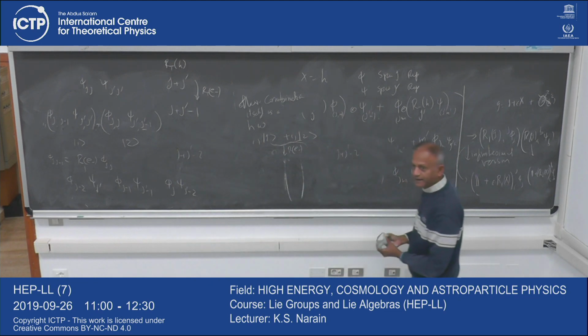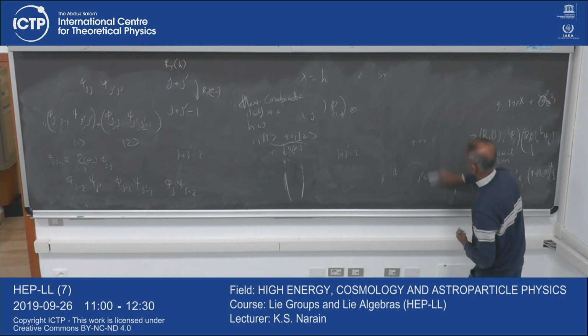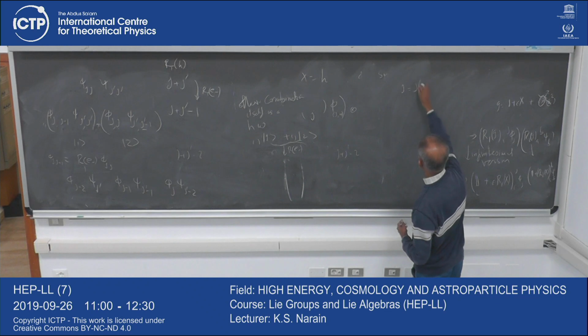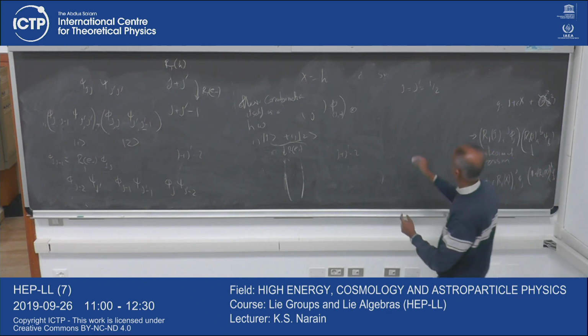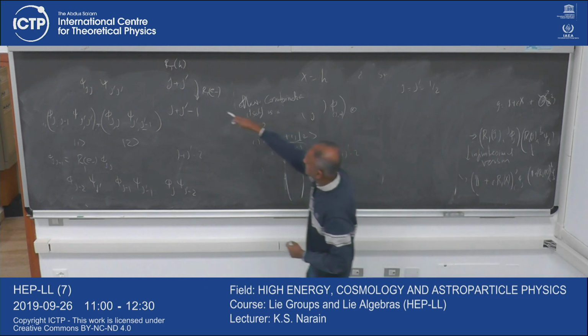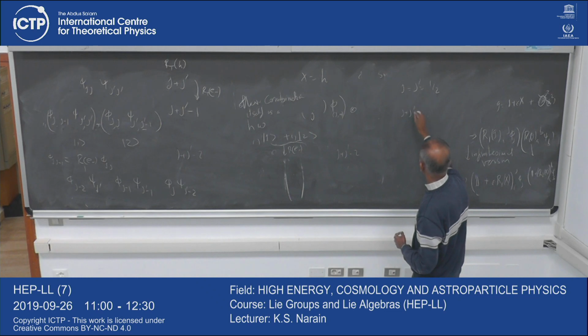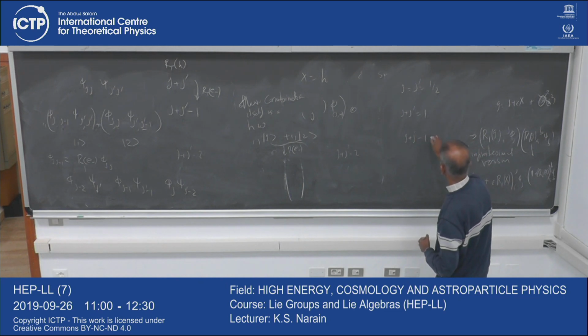For example, let's take an example. Suppose j equal to j prime equal to half. Then there's not much more, because the first highest weight was j plus j prime, which is 1. And then the next one, j plus j prime minus 1, is 0.